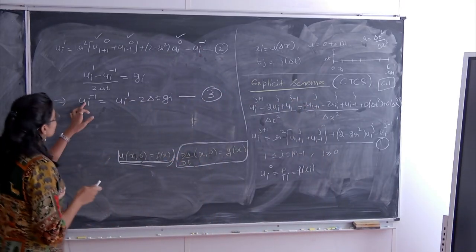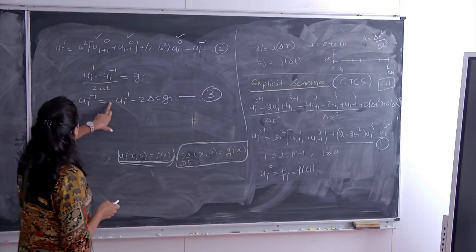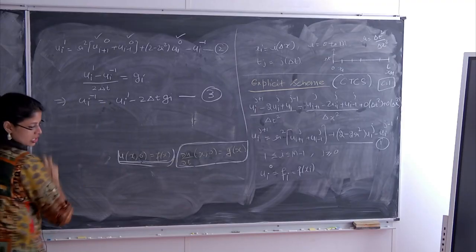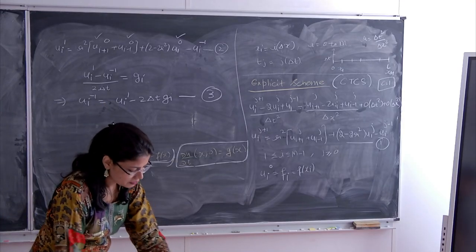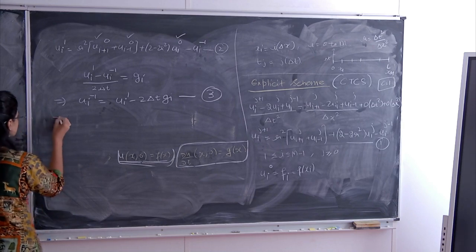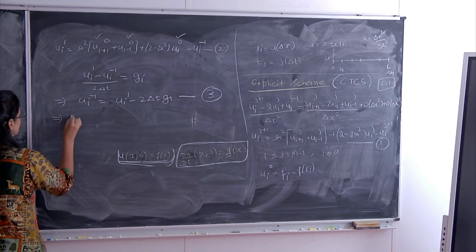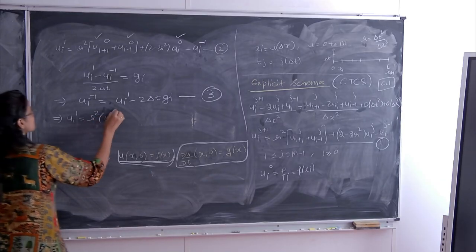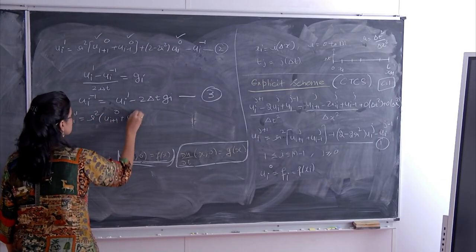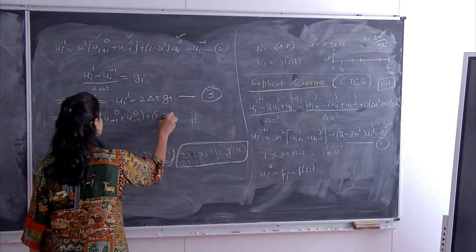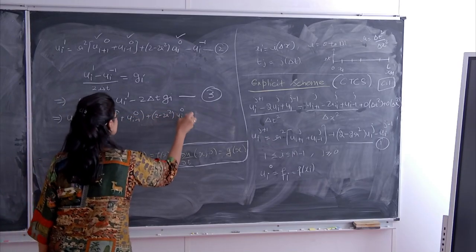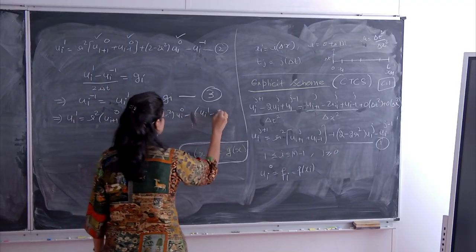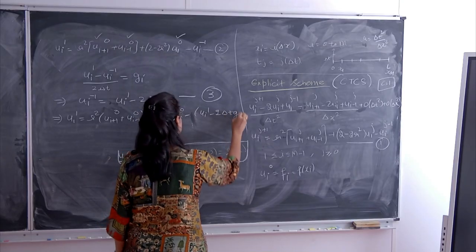Okay. When I put it here, this will become 2 times. Let me simplify the whole equation again. The final equation is u_i^1 equal to r^2 (u_{i+1}^0 + u_{i-1}^0) plus 2 minus 2 r^2 u_i^0 minus, I will put this value here, u_i^1 minus 2 delta t g_i.